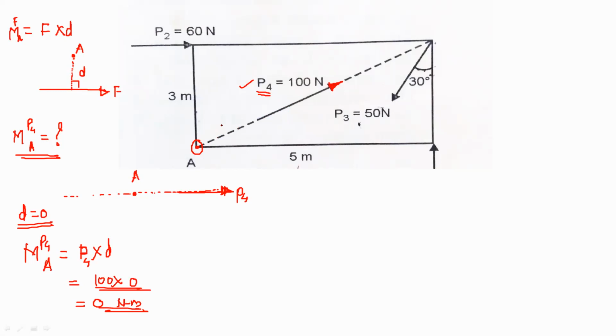So is the last point clear? How to find out the moment by P4 about the point A? Your answer is 0 Newton meter. You can give the reply whether it is understood.